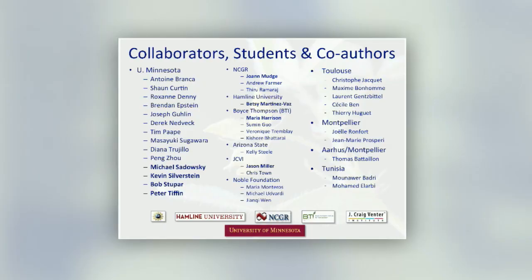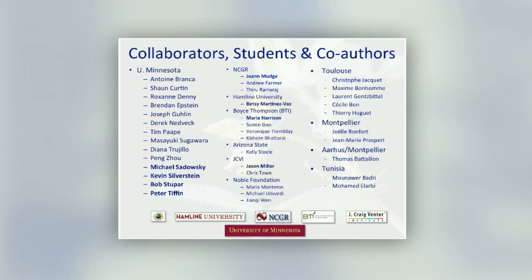A lot of people were involved in this. I recognize graduate students and postdocs from my group that were involved, but we're just part of a consortium that has a dozen different centers involved. And I especially want to recognize the co-PIs that are here at the University of Minnesota: Mike Sadowski, Kevin Silverstein, Bob Stupar, and Peter Tiffin. And then our collaborators at other institutions.